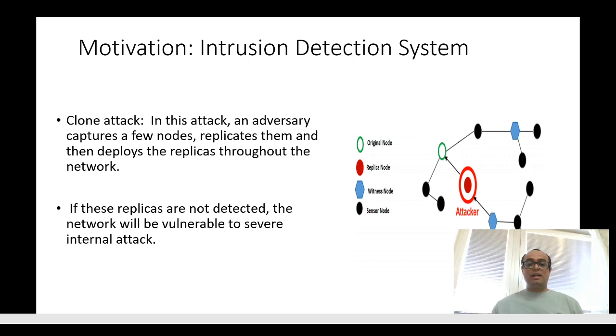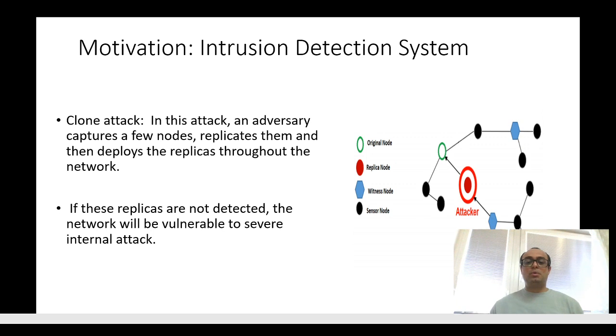An adversary could just create a replica node and insert it in the network. And if the witness node itself is compromised by the same hacker or the same adversary, then the hacker will make this replica node hidden and he will not send any notification to the cluster head or to the other nodes in the network. And how could the witness node detect the replica node?